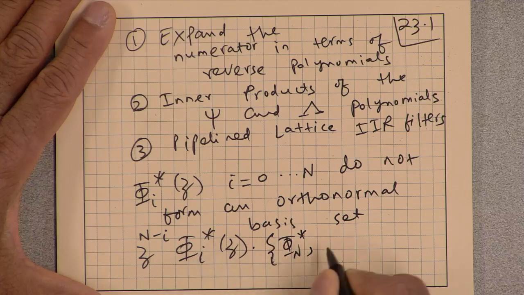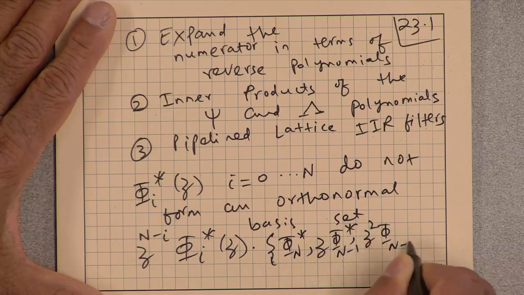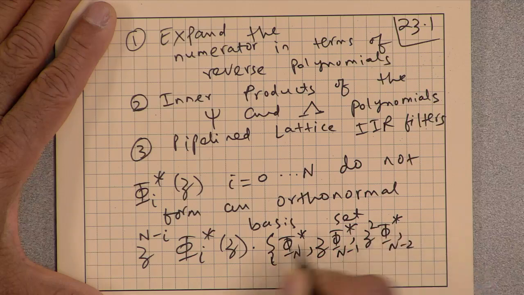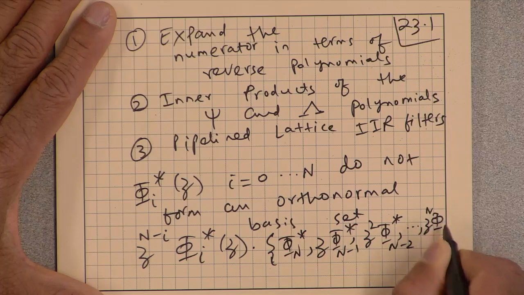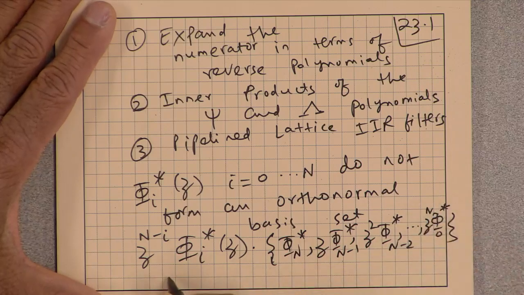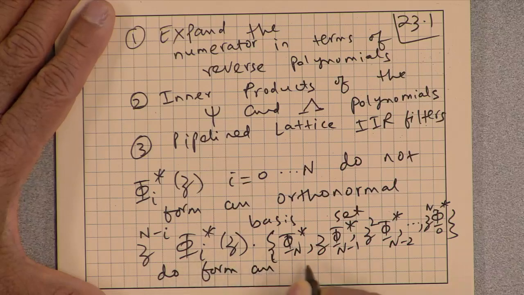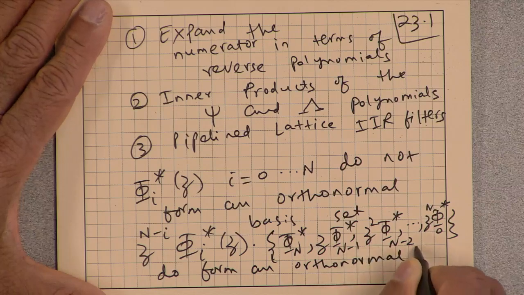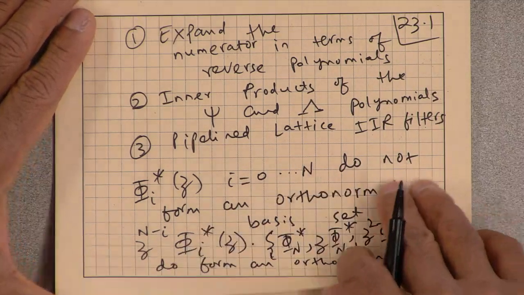If i is n minus 1 or n minus 2, down to i equal to 0, okay, these do form an orthonormal basis set. Okay, so then we can expand the numerator using these polynomials.